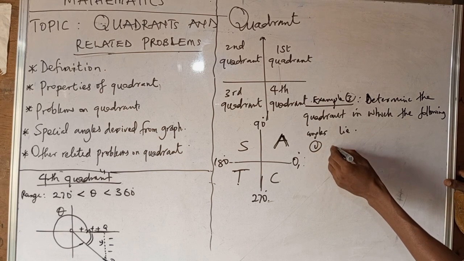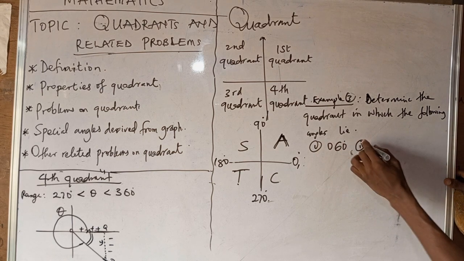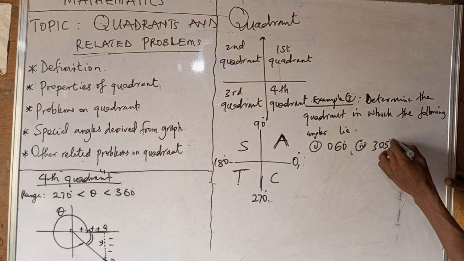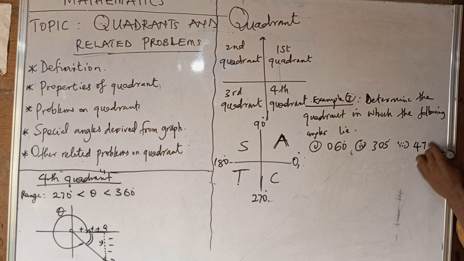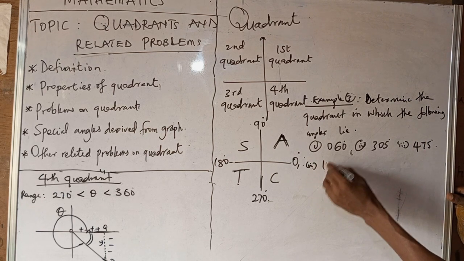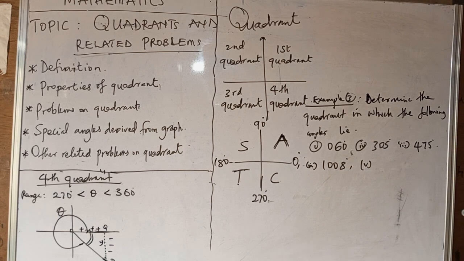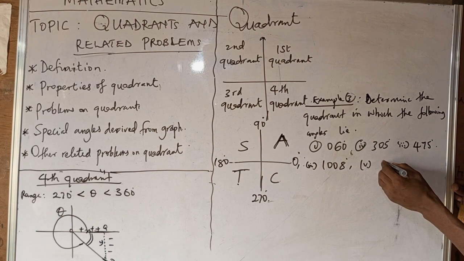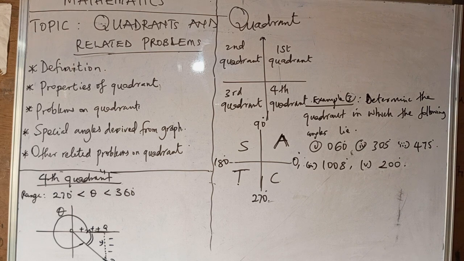The first one, 60 degrees. Number 2, 305 degrees. Number 3, 475 degrees. Number 4, 1008 degrees. Number 5, 200 degrees. So let's just limit it at these 5. Now, solution.